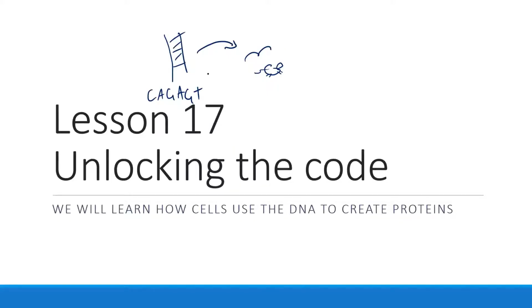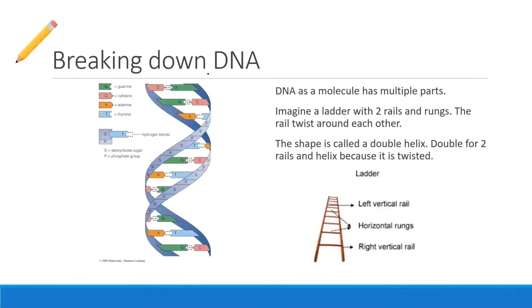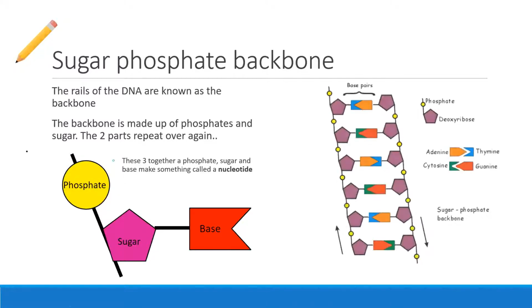Jumping back for a second, I'm going to go backwards. I want to look at what we did last time. Last time we looked at DNA, we actually looked at its structure. We said that DNA is made up of two rails, and on those rails, which we call a backbone, we have two parts, a phosphate and a sugar.